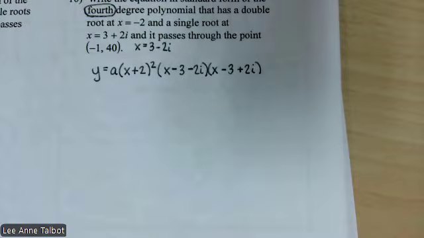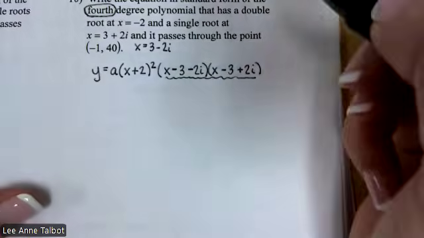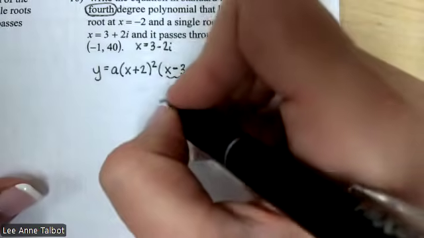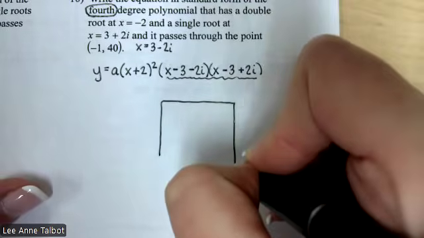Okay. And are you comfortable with the x minus 3 plus 2i switching signs? Okay, now my advice is always to multiply out the i's or the roots immediately because you're never going to see an equation that looks like this. This requires a 3 by 3 box, but remember, you don't have to do the whole thing.